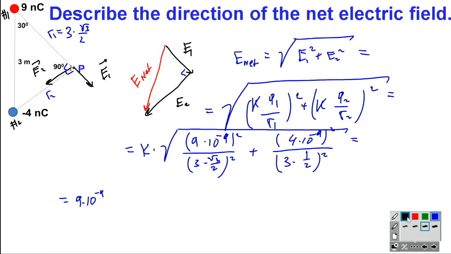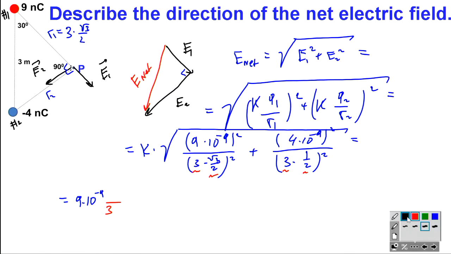What do I see here? The same. 3 and 3. Common factor. Squared and then square rooted. So over 3. 1/2 and 1/2.